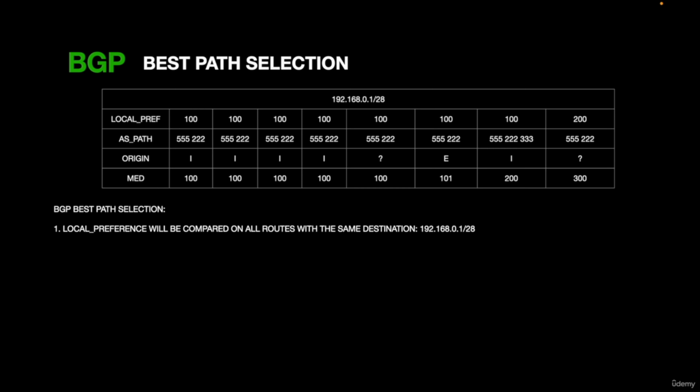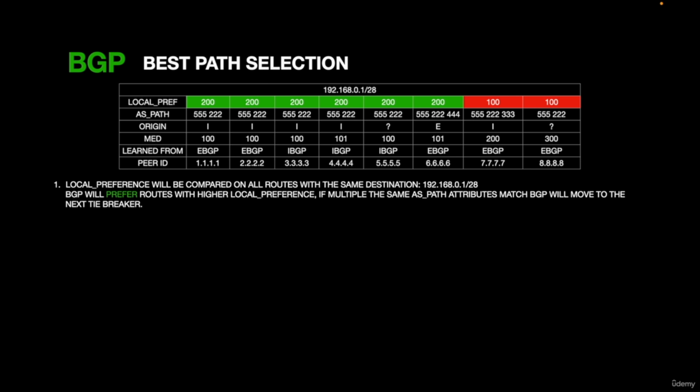So for BGP, when it will calculate or select the best path, the first step would be to compare the local preference on all routes that have the same destination, 192.168.0.1. So BGP will prefer routes that have the higher local preference.